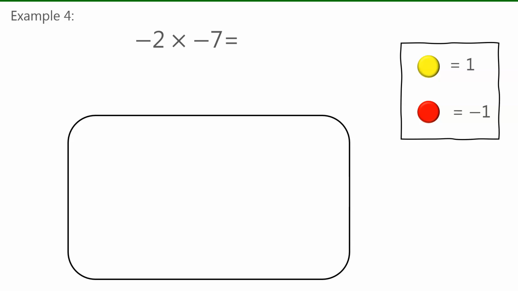Example 4, negative 2 times negative 7. So this means we're going to take out 2 groups of negative 7. So again, I look at my bank, my balance is 0. How am I supposed to take out groups of negative 7 if there's nothing in the bank? Well, I can add 0 pairs, because if I add 0 pairs, the balance doesn't change.